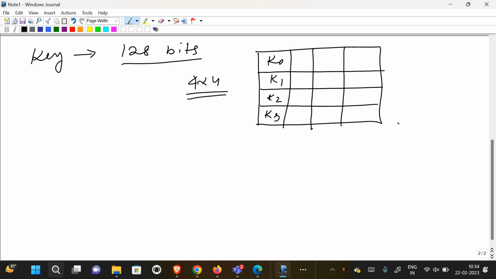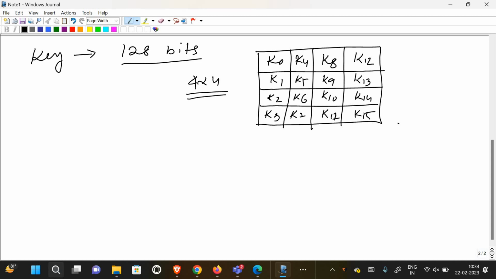So this will be K4, K5, K6, K7, K8, K9, K10, K11, K12, K13, K14, and K15. So the key also will be represented in the form of a state, which again will be 4x4.